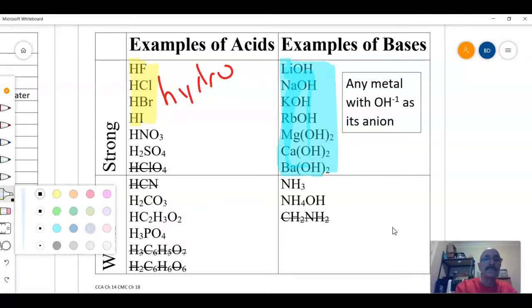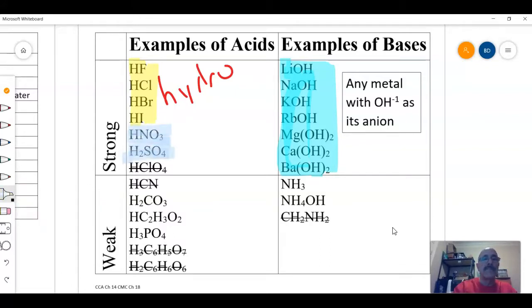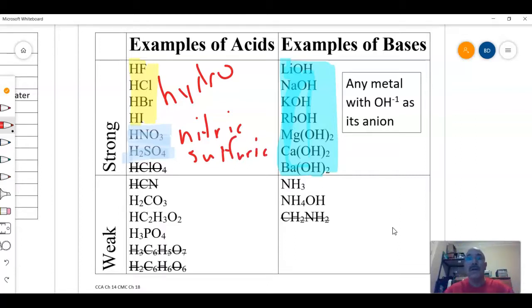Baby blue. Nitric and sulfuric. Notice there's no hydro in front of those. Only the 4 halogens have hydro in front of them.